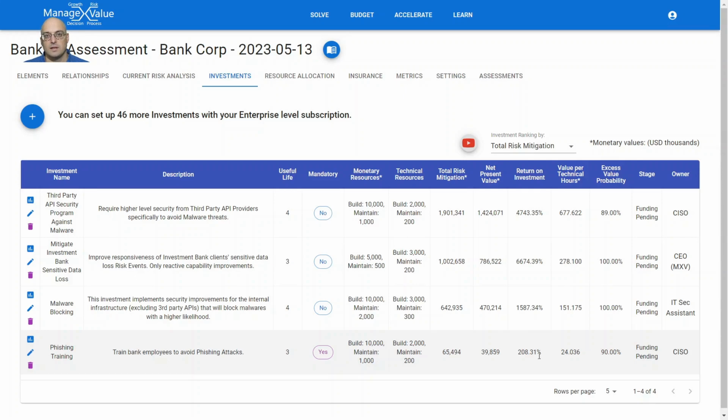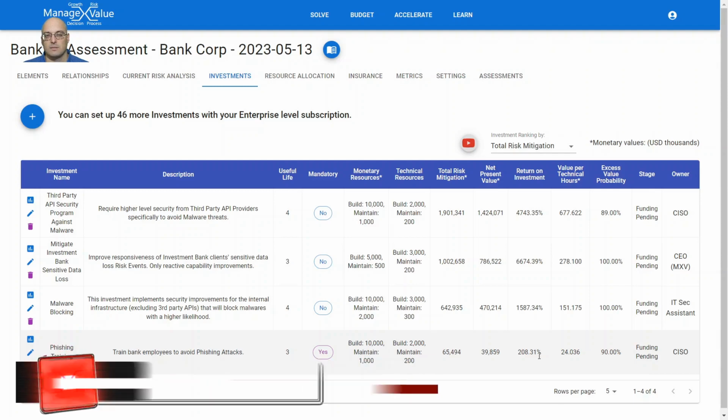However, as you will see in future videos, very quickly for risk mitigation investments, diminishing returns come up because every early investment will decrease the return on subsequent investments.